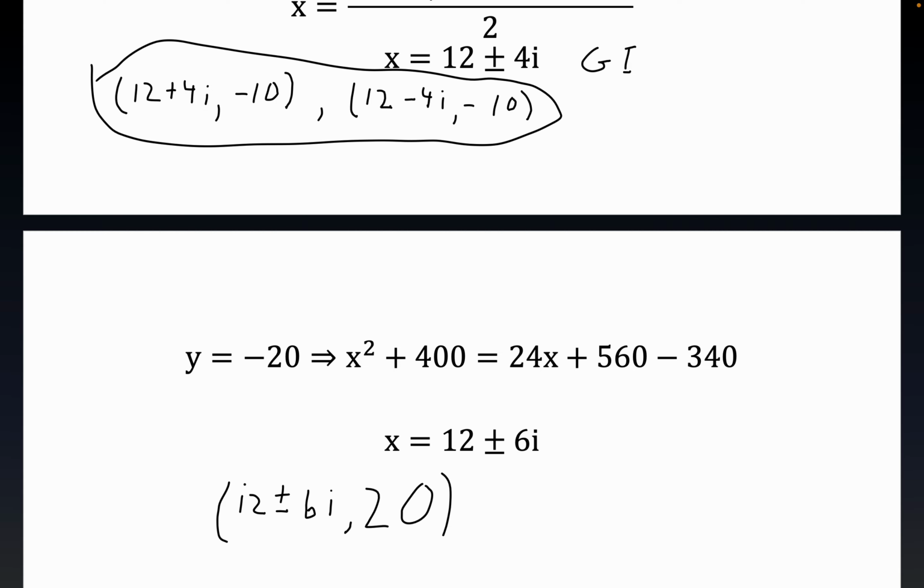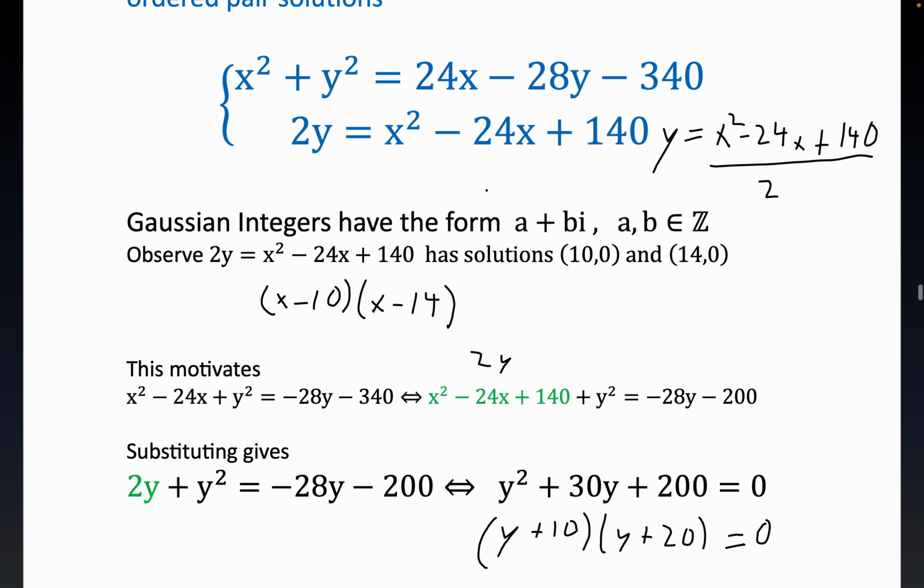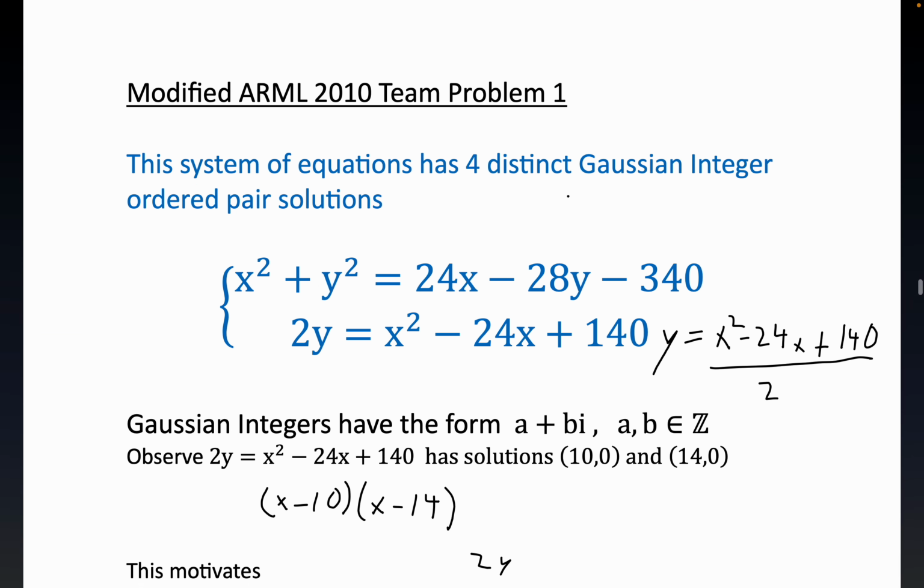Okay, so that's all. And again, it's not the best problem in the sense that knowing that this had Gaussian integer solutions didn't direct your action. You carried on like you would have normally carried on. The part I thought was slightly sneaky was that there are no immediate, straightforward substitutions in this system of equations.